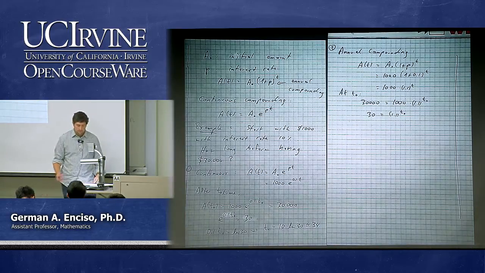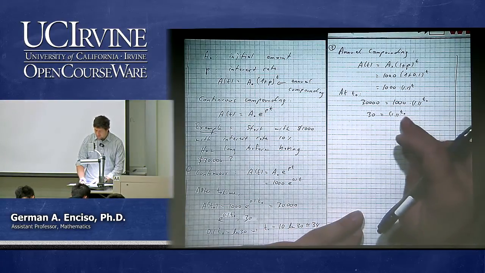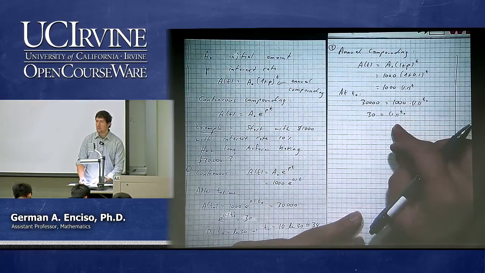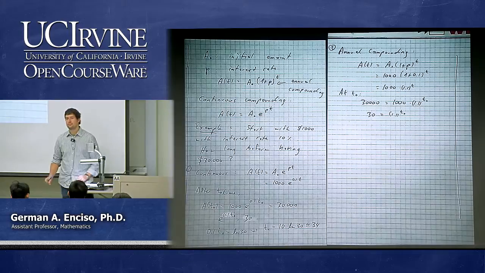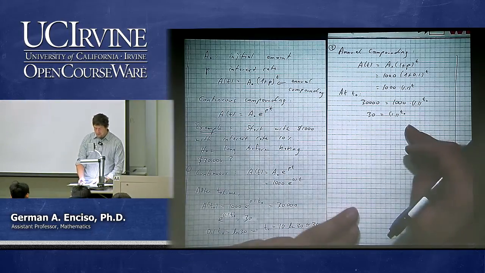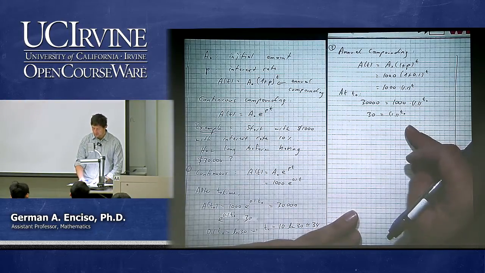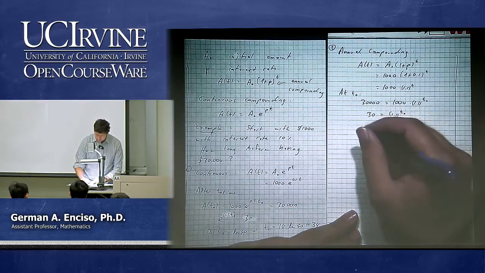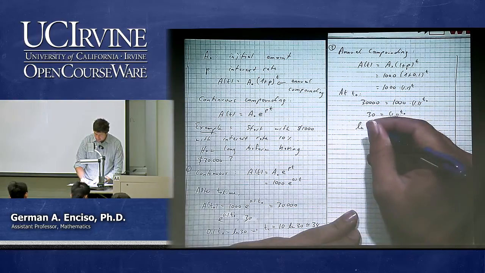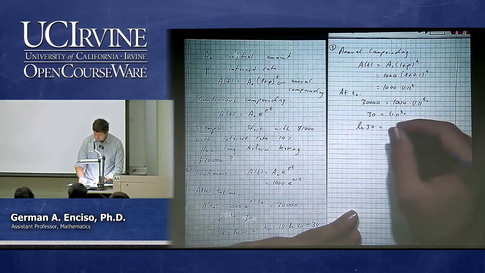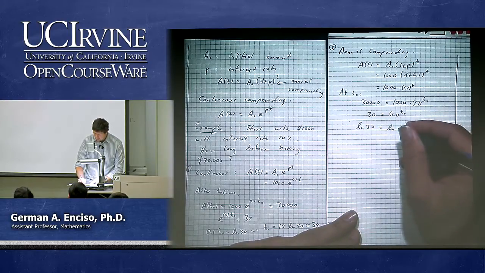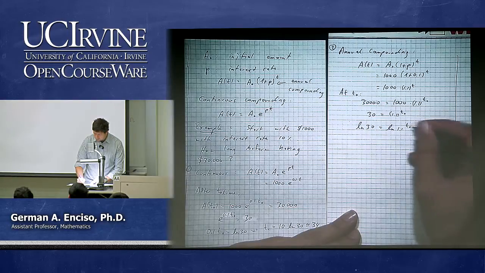Now, once again, we want to bring this t0 down, and we could take the logarithm in base 1.1. But I'm not going to deal with that. Instead, we're just going to take natural log, and you see how it works out just as well. I'm going to take natural log on both sides, and I get ln of 30 is equal to ln of 1.1 to the t0.